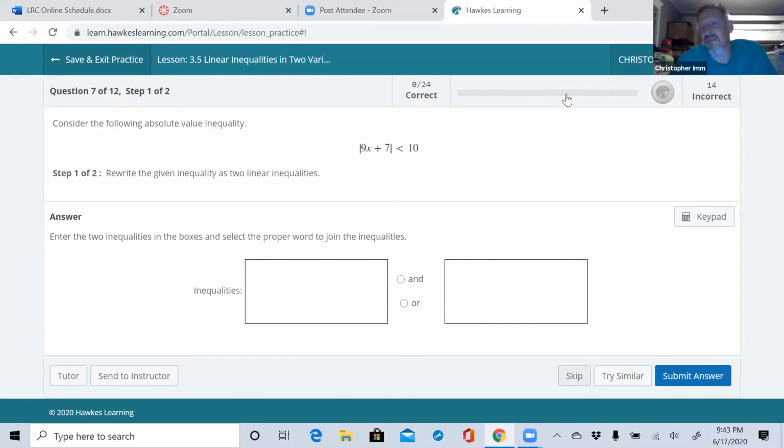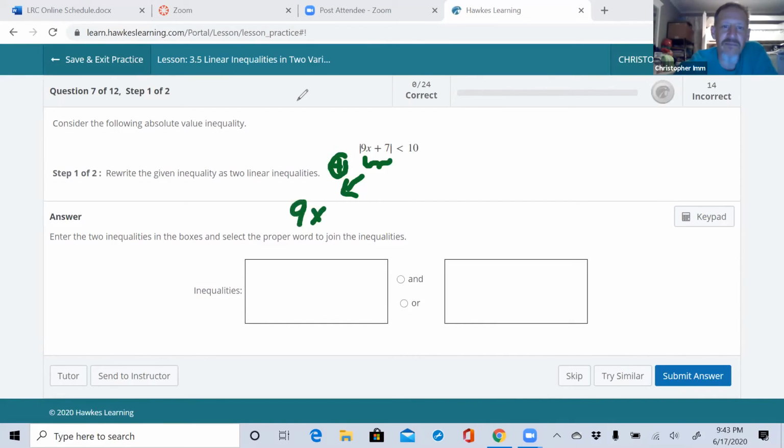Let's just start out with something like this. It says, consider the following absolute value inequality. Rewrite the given as two linear inequalities. When we have absolute values, just like we saw back in chapter 2, if the quantity inside is positive, then we want to get rid of those absolute values, and they aren't going to change it at all.